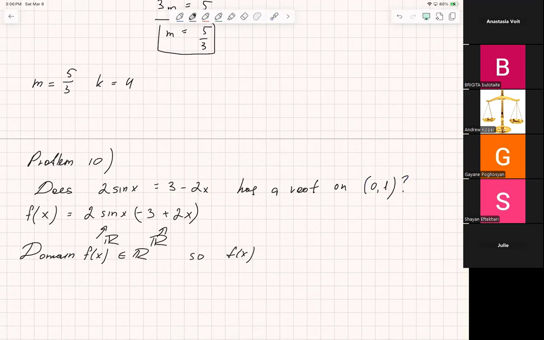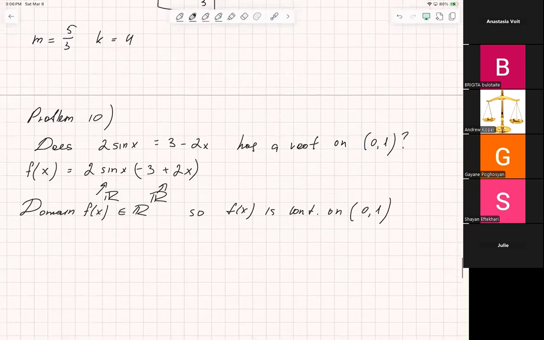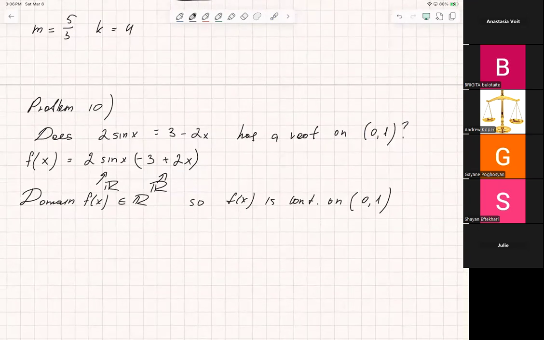So f of x is continuous on 0 to 1, and this is one of the criteria to apply this theorem. Now the second thing that we need to do is evaluate at the endpoints, so f of 0 and f of 1, right? So we would have 2 times sine 0 minus 3 plus 2 times 0, which gives us negative 3.